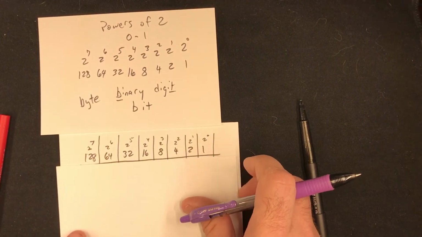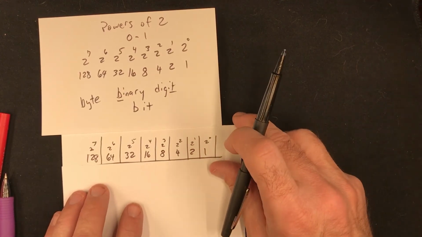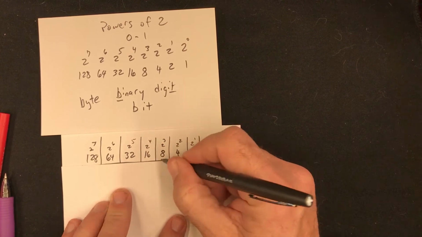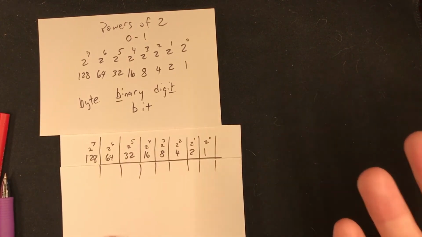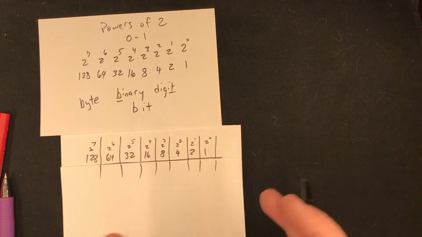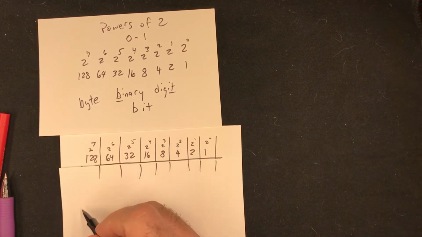I'll just rewrite my grid and reuse that. Somebody give me a random decimal number that I want to turn into binary. Let's go 205.